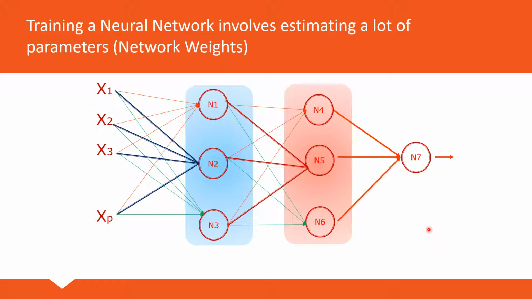So we look at a squared error, and we also call it the error function or the loss function, and we try to estimate the weights in such a way that the error function or the loss function is minimized.